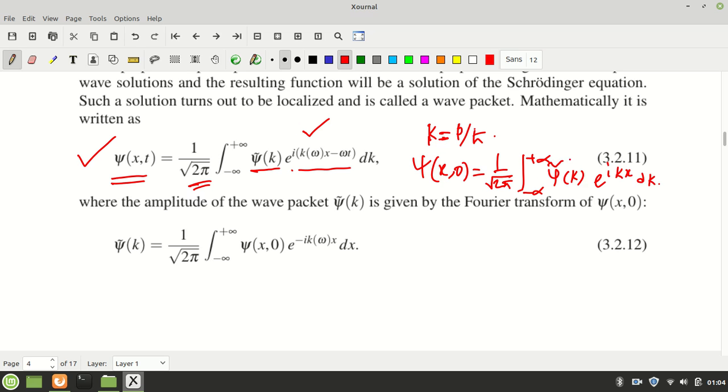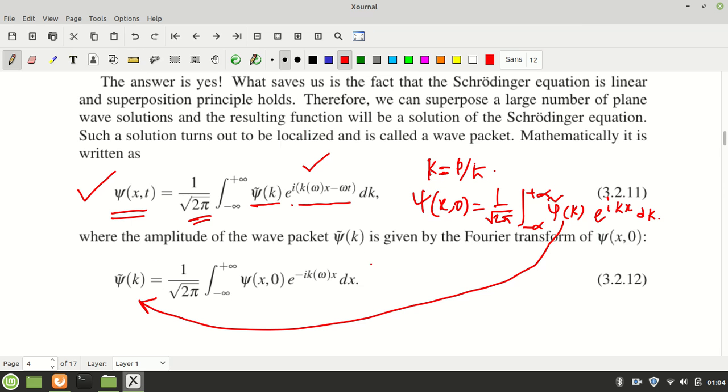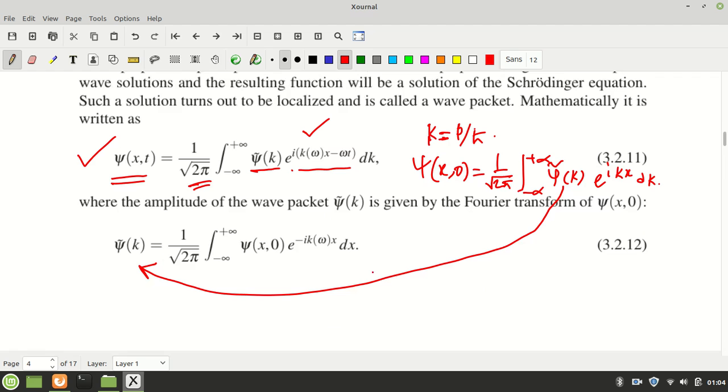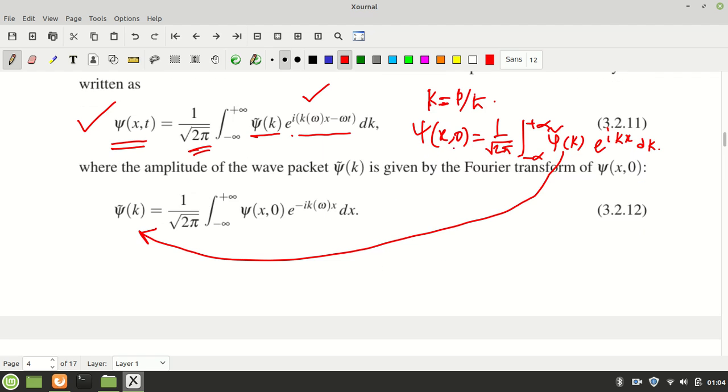So this is nothing but the Fourier transform equation, where the Fourier transform is psi tilde k, which is given by psi tilde k equals the integral of psi(x,0) e to the power minus ikx dx. The factor 1 by root 2 pi is written outside the integral.